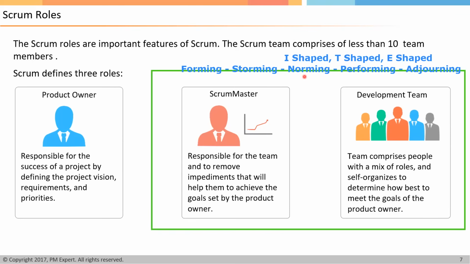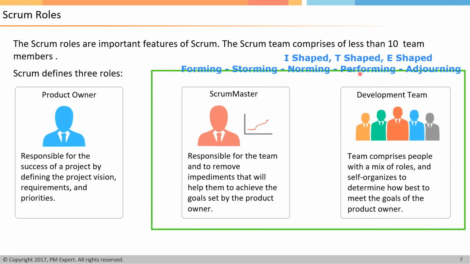And from norming, if the team keeps on improving, it reaches performing. Now, performing is a stage where you call the team a high performing team, where the overall performance is more than the sum of individual performance. And teams at performing level are self-directing teams.